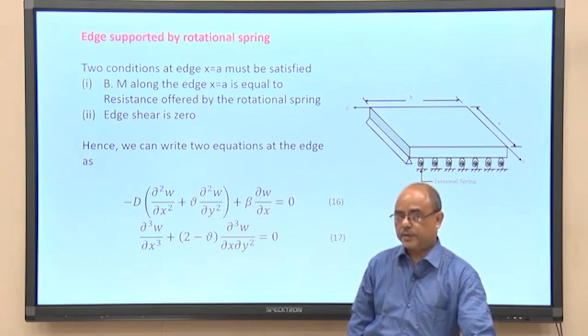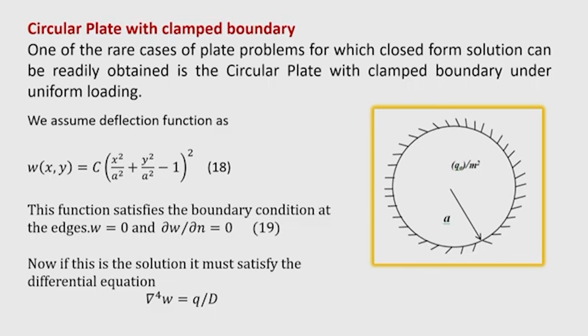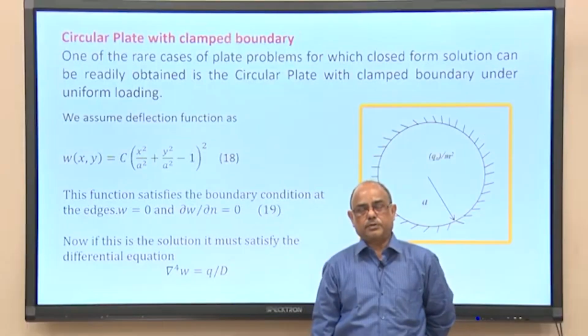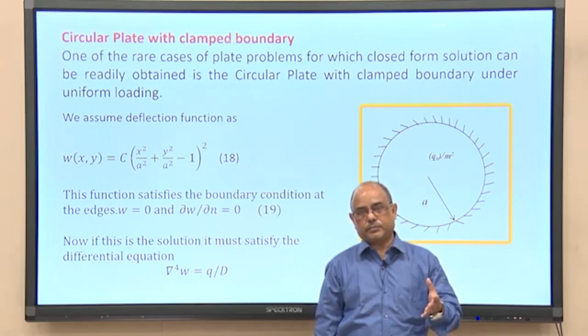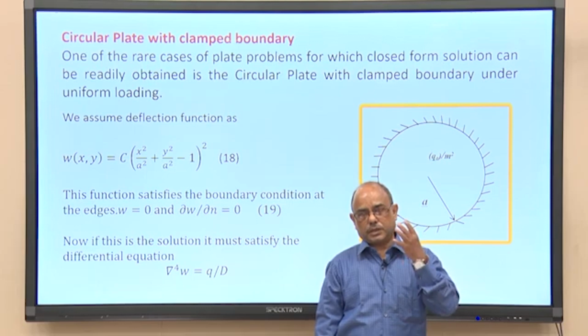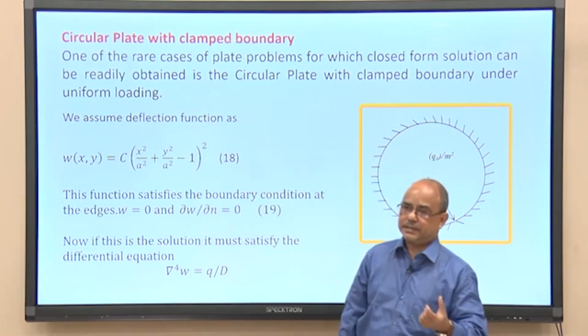All right. Now, I want to discuss that in certain cases of plate problems, we can obtain a very interesting solution without very rigorous calculation, and those are some rare cases.